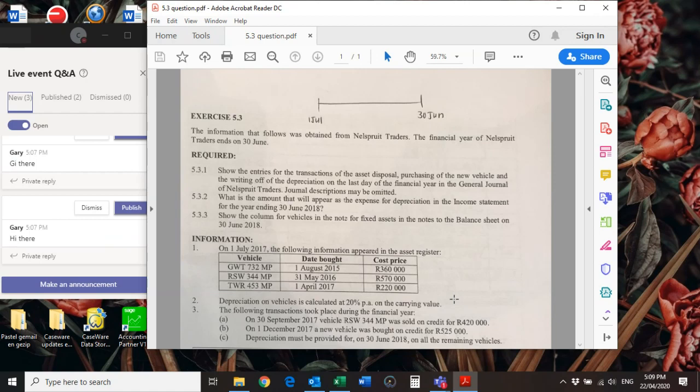Then it says, the following transactions took place. Yesterday we saw that we had a vehicle that we sold on credit. Which one? The second one. Here again, I would make a note to say, listen here, this is the problem. We sold it in September.